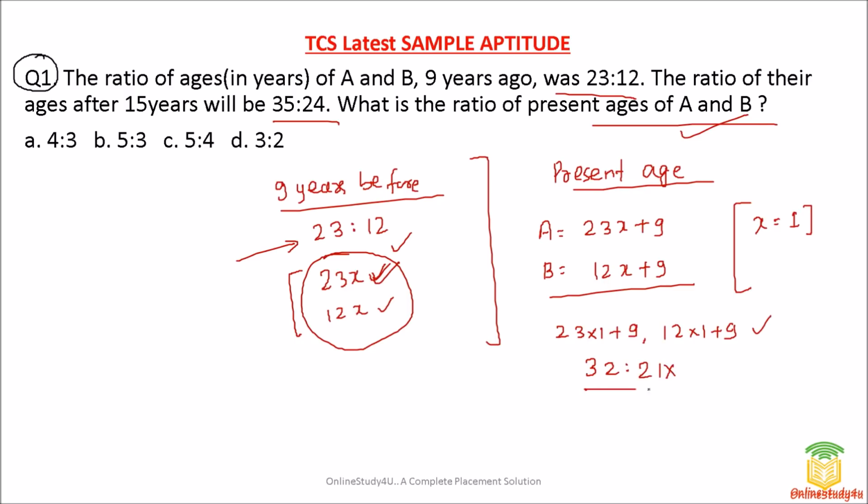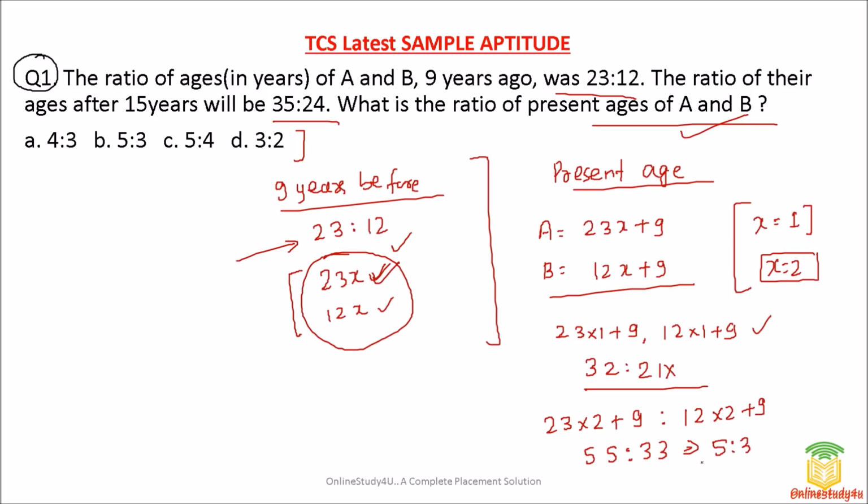We cannot divide it further and there is no option 32:21. Now we will take the value of x equal to 2. So 23 into 2 will be 46 plus 9, and 12 into 2 plus 9. So 46 plus 9 will be 55 and 24 plus 9 will be 33. 11 5s are 55 and 11 3s are 33. So friends, option B will be the correct answer.